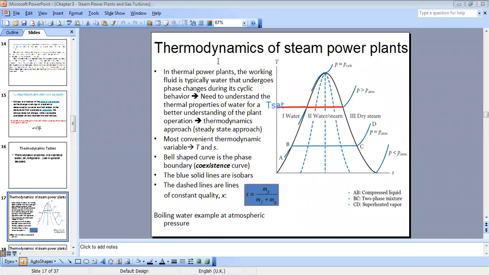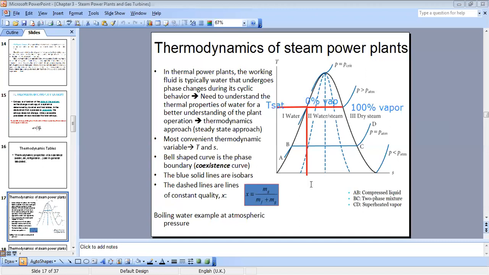The percentage can vary. For example, at this point, I have 0% vapor and 100% liquid. And at the end point here, I have 100% vapor. This is why we call this state, which corresponds to 0% vapor and 100% liquid, the saturated liquid state.